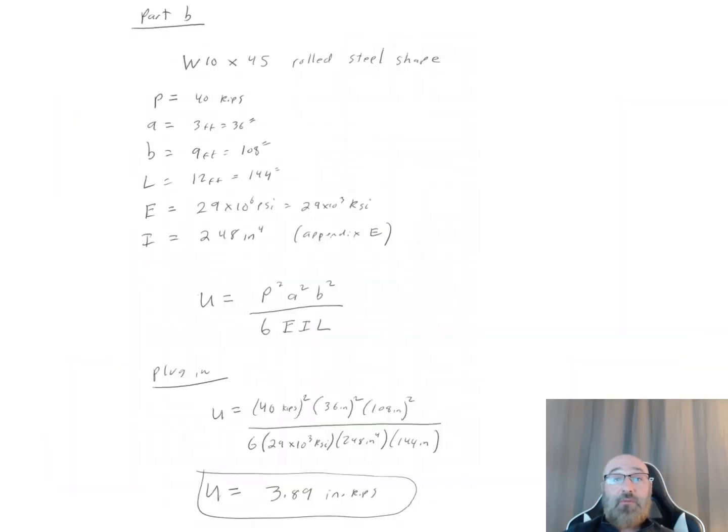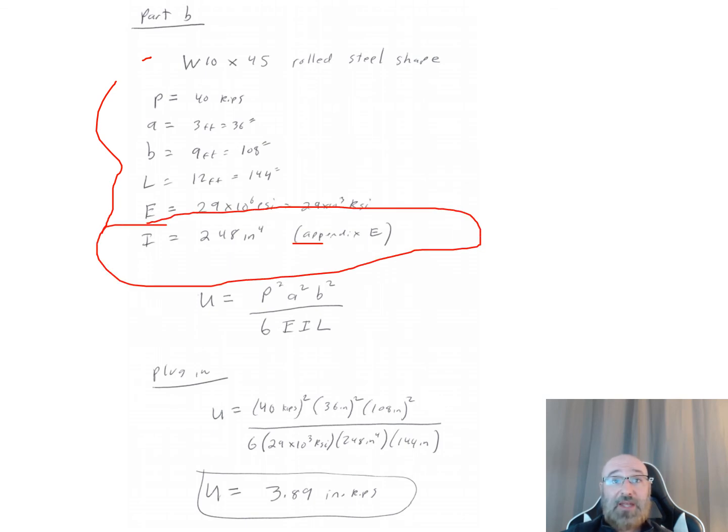So with that given information from our problem statement, along with this value for I that we've just determined from our Appendix E, we can now start our solution for Part B. We start plugging in these values. We have this relationship from Part A that our strain energy U is equal to P squared, a squared, b squared, all over 6EIL.